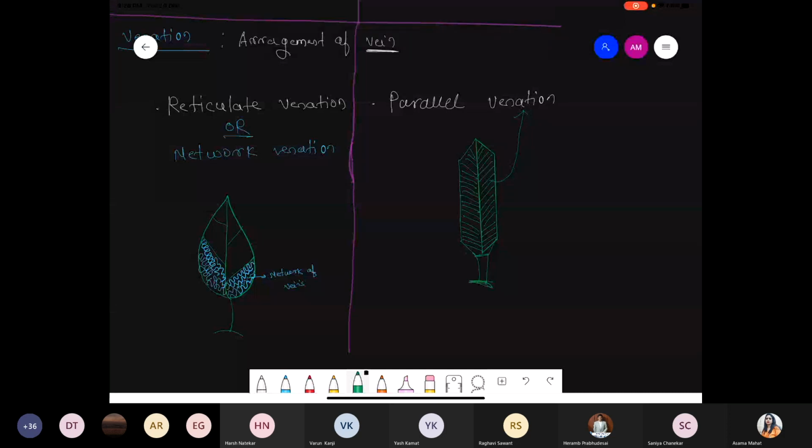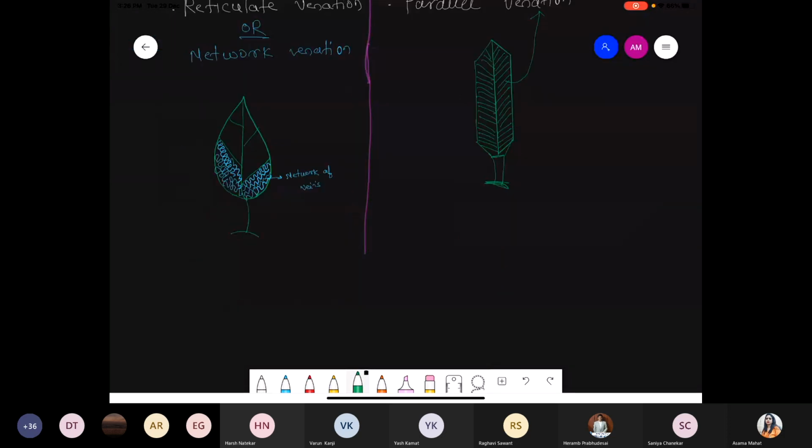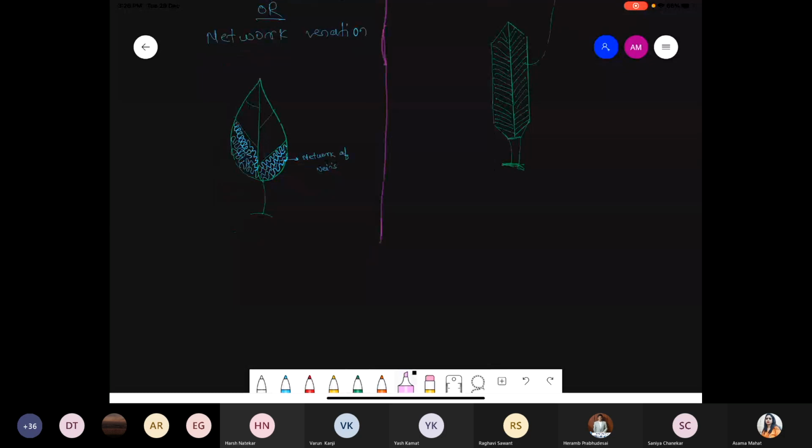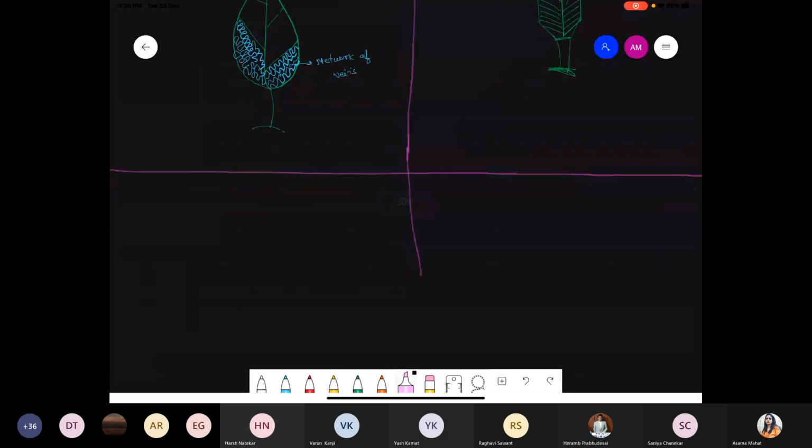Okay, and the last point, the difference with respect to dicot and monocot leaf: there is a presence of bundle sheath extension. Next part, last differentiation part, bundle sheath extension.